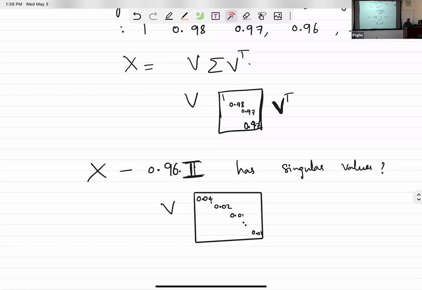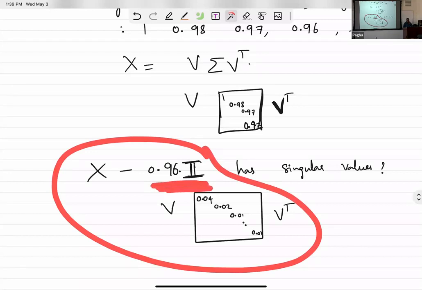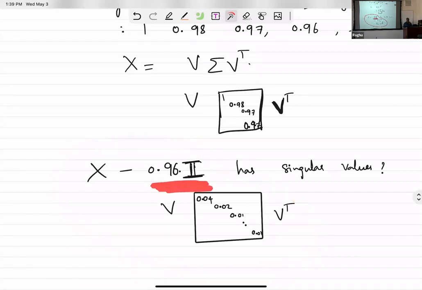So if you run power iteration on this matrix, which is just as fast, since you're only subtracting the identity, computing x times p is just as fast. But you would have to run 25 times fewer iterations because the gap is so much better. So you might wonder, maybe if I find the right shift, I can speed it up a lot. There are some tricks like this you can also do in practice.